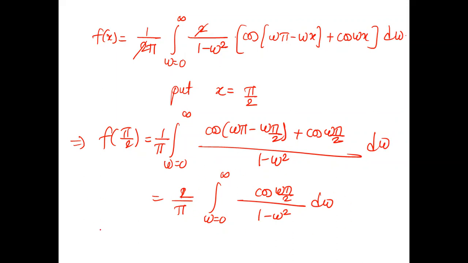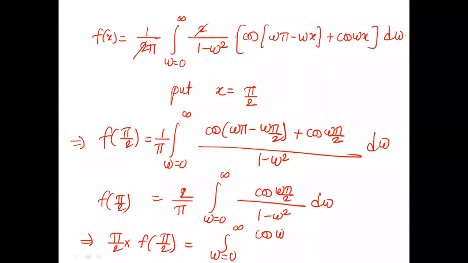This pi by 2 I shift here. So yes, we get pi by 2 into f of pi by 2 is this integral. But now if we get the value of f of pi by 2, your answer will be done.